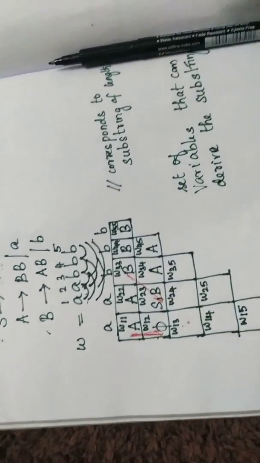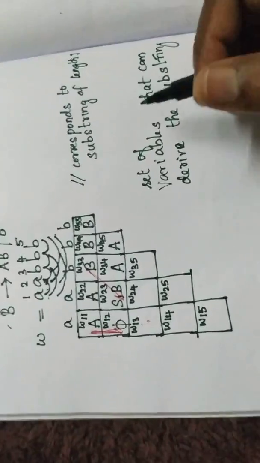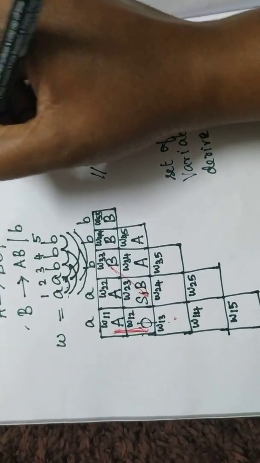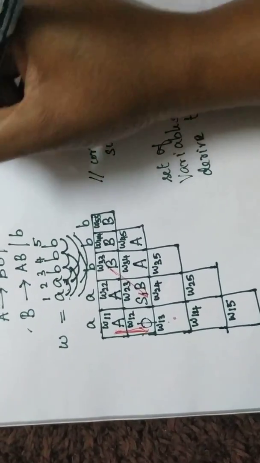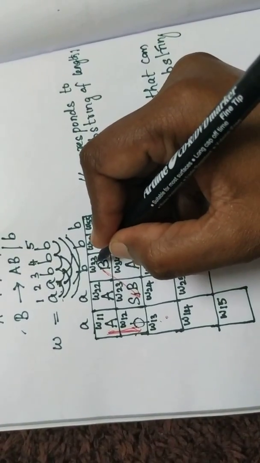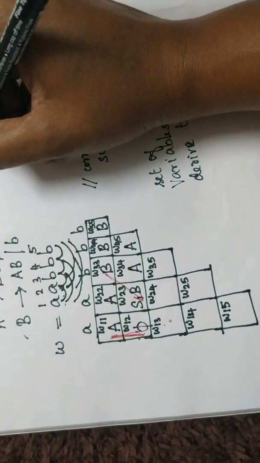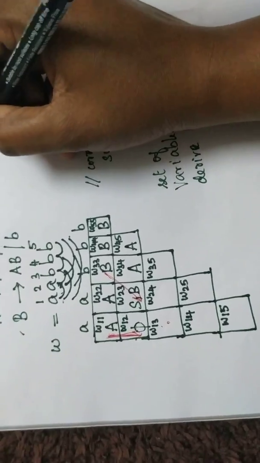So this we are going to write down. So let me take what we are getting: A, 5, and from here, from top to bottom, B, and the next one is S comma B.